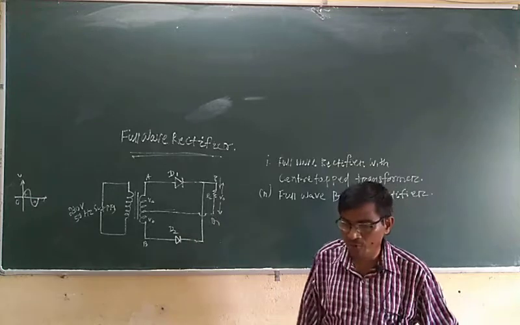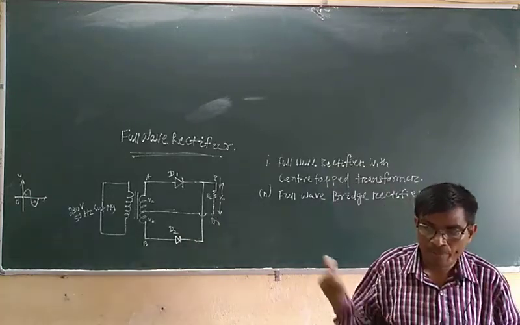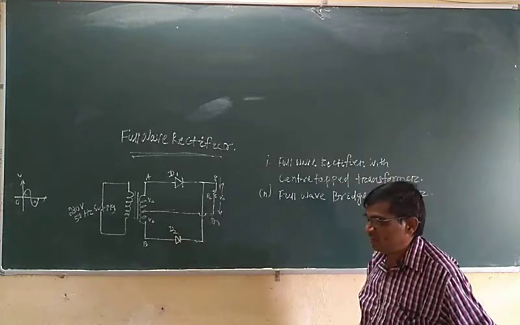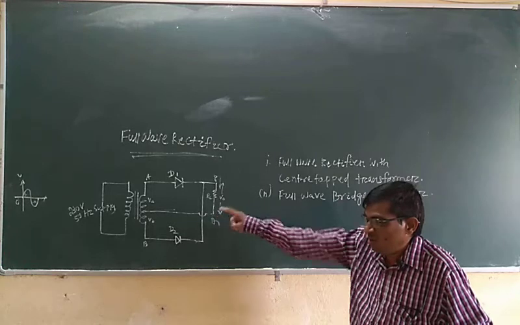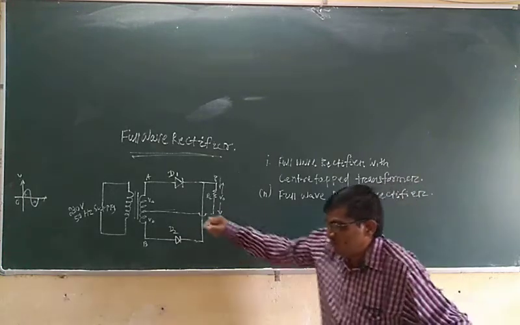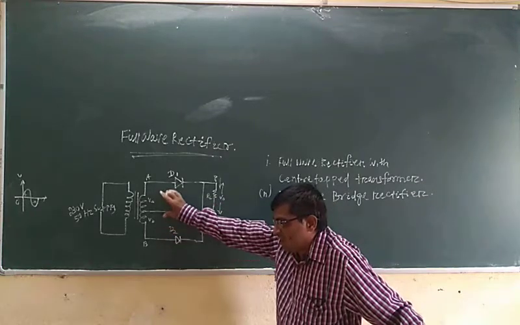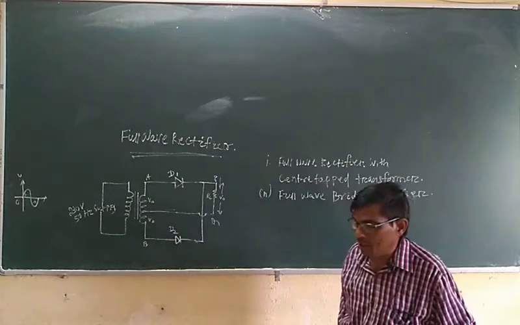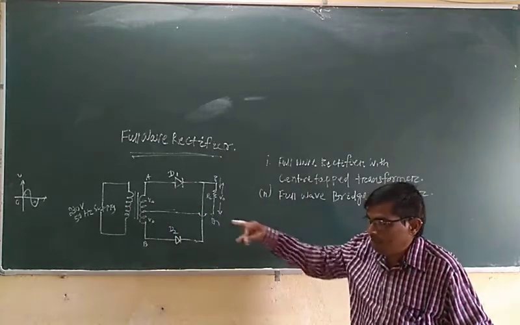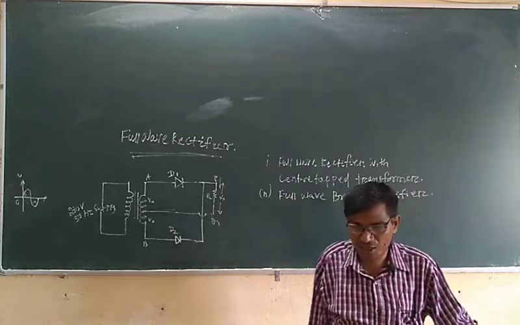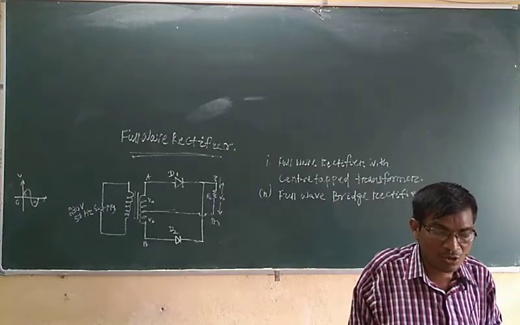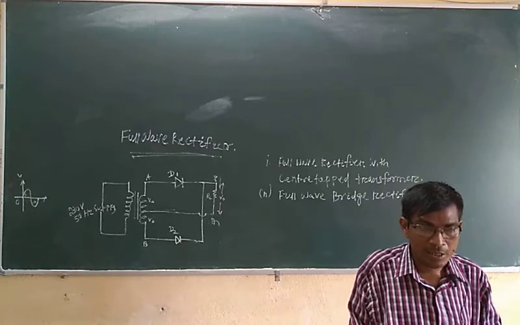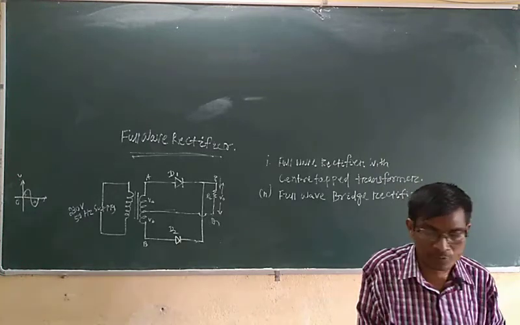In the center tap transformer, the secondary winding is divided into two parts, with an equal number of turns in each part. So the secondary winding is divided into two equal parts, and the equal parts provide equal voltage due to the turn ratio of the transformer.